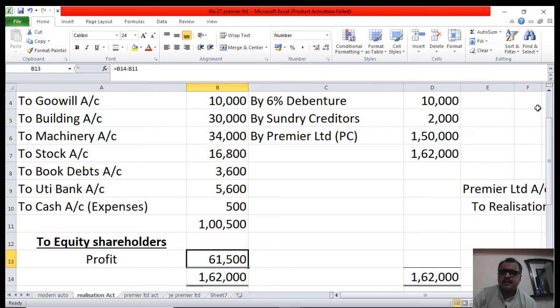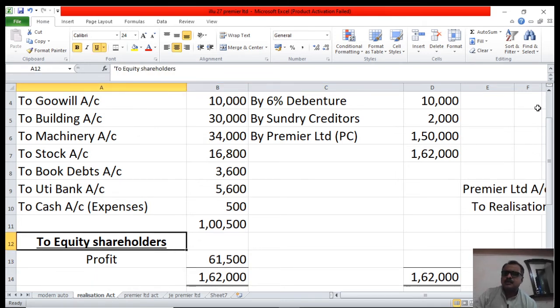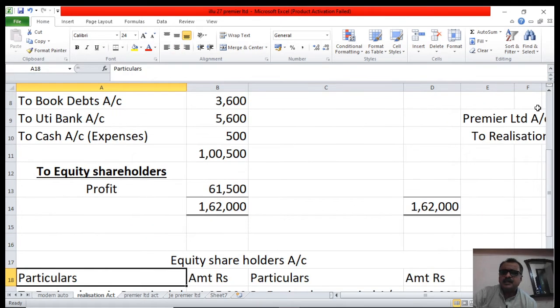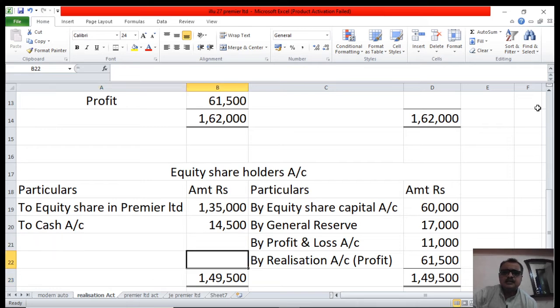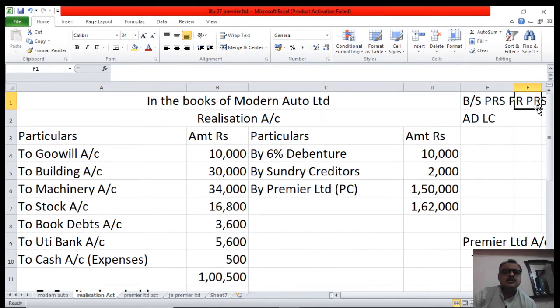That means there is a profit. There is a profit of 61,500 which is to be transferred to equity shareholder. So to equity shareholder, profit 61,500. Now this profit will be transferred to equity shareholder by realization (profit) 61,500. So this completes my R, that is realization account closed.